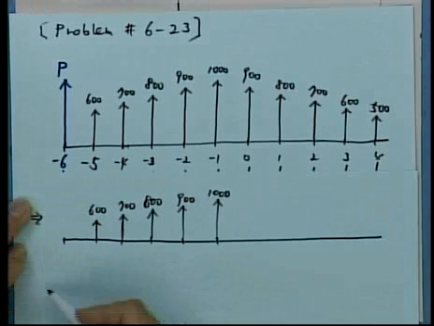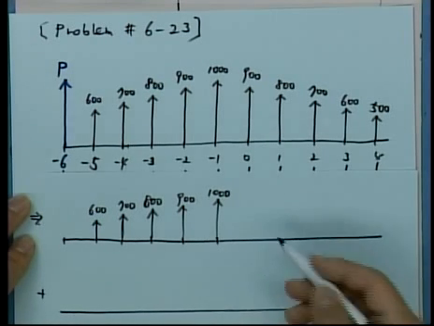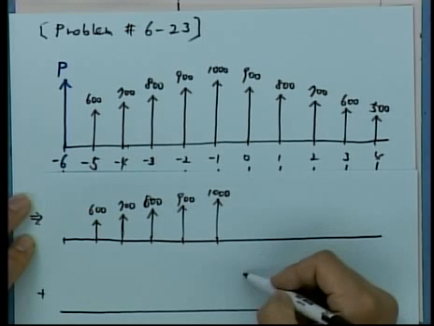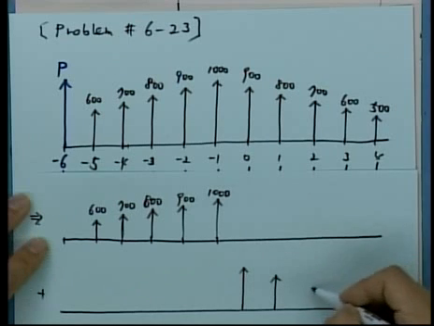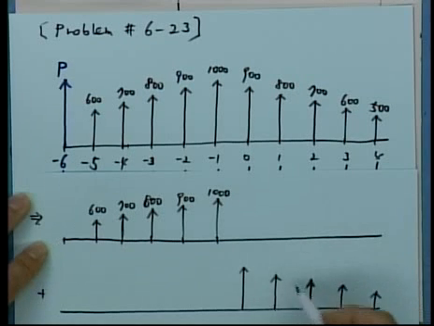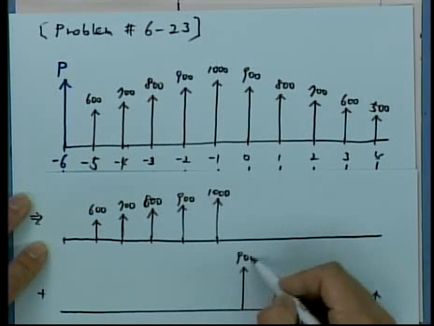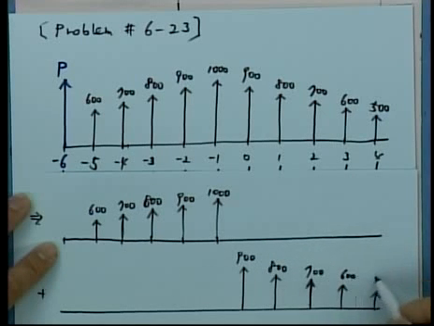Okay, and then the second component is about decreasing component. Okay, so we have 900, 800, 700, 600, and 500. Okay?